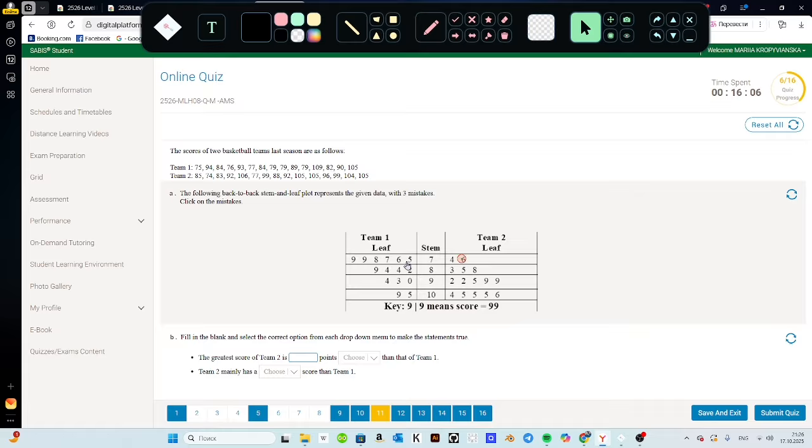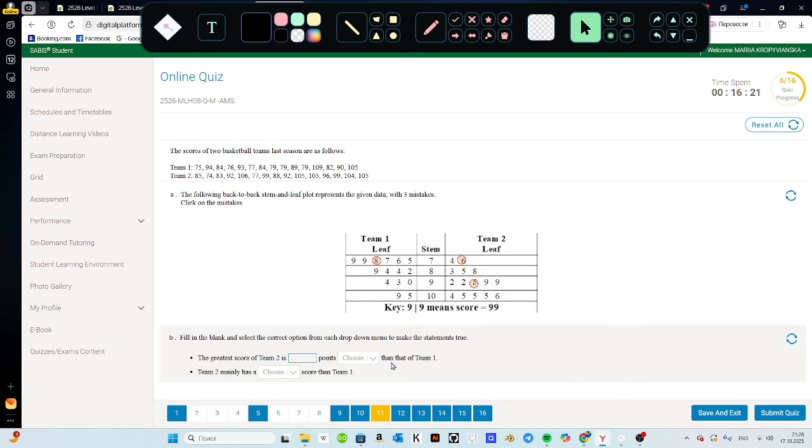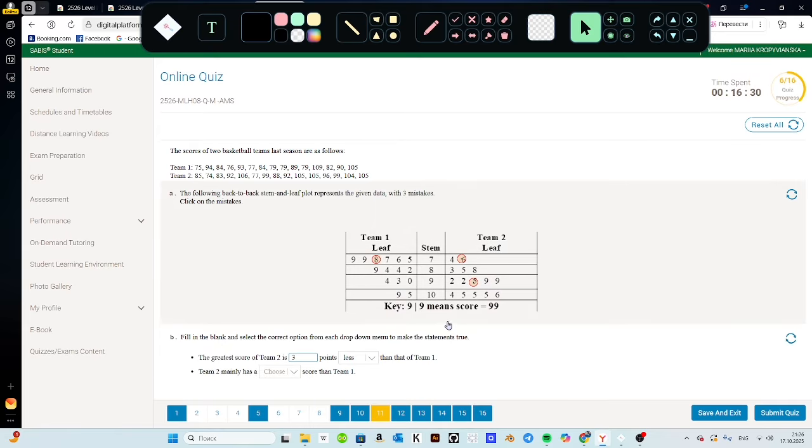We do the same, we analyze for this one. The one absent is 8. Same thing we do here and here, we check, but basically we don't find 5 in the stem of 9. The greatest score of team 2 is 3 points less than that of team 1. Why? Because over here, we can see that the highest score of team 1 is 109.